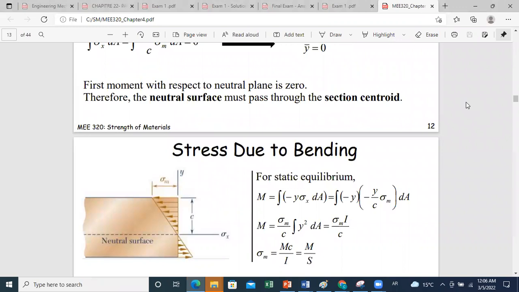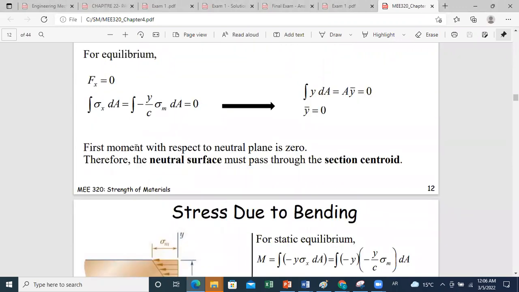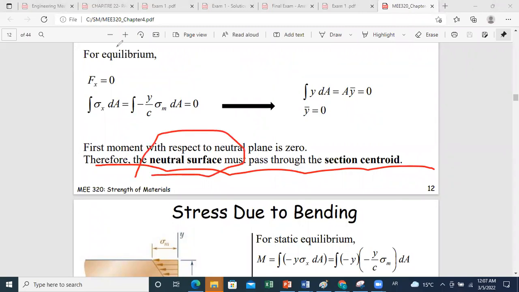Now, this integral y dA is called the first moment, and the first moment with respect to the neutral axis is zero. And this is an indication that the neutral surface must pass through the section centroid. So we were able to locate the neutral surface, and we're able to develop the variation of normal stress across our section.